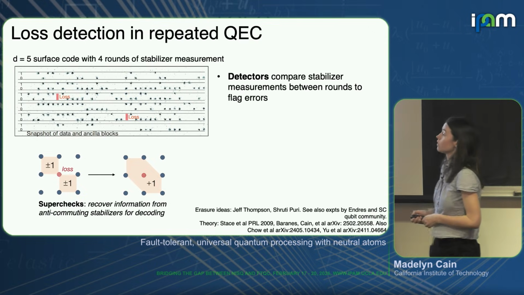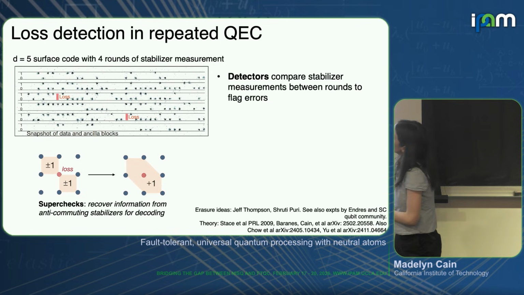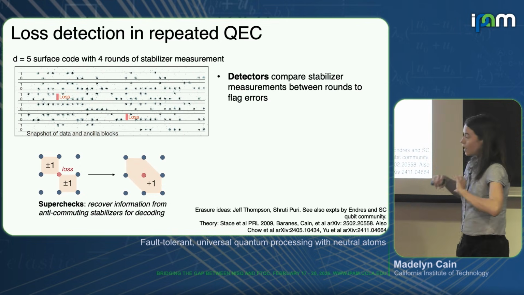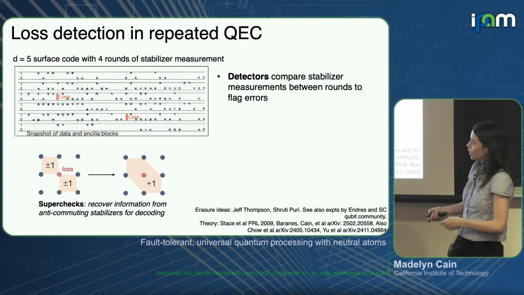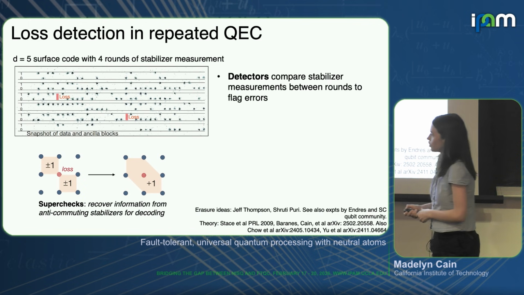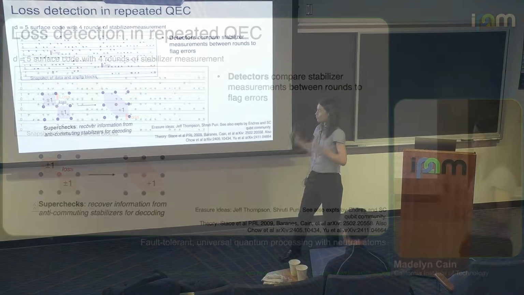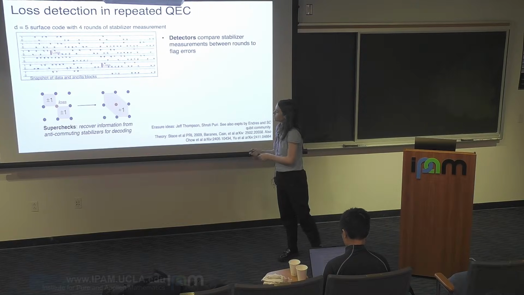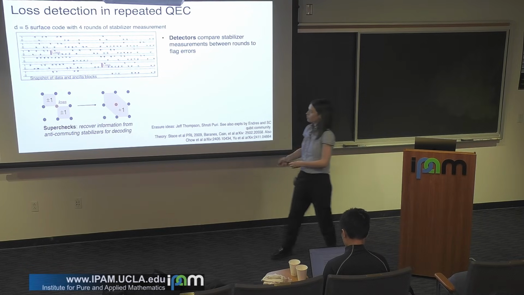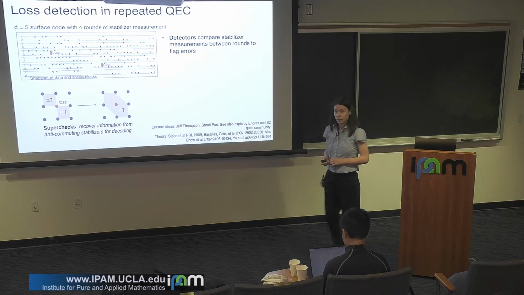The way to handle this is quite simple. If you had 2 stabilizers that a lost atom was originally a part of, you can take their product and form what's called a super check, which is just a new stabilizer that doesn't include the lost atom. So we can still use the information from those stabilizers to detect and correct errors.